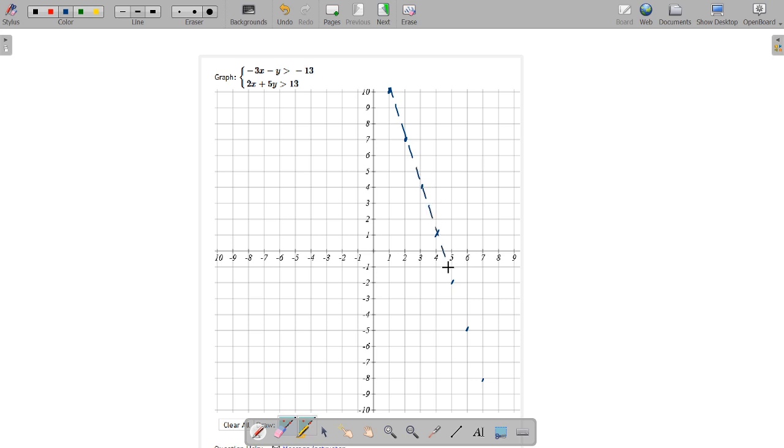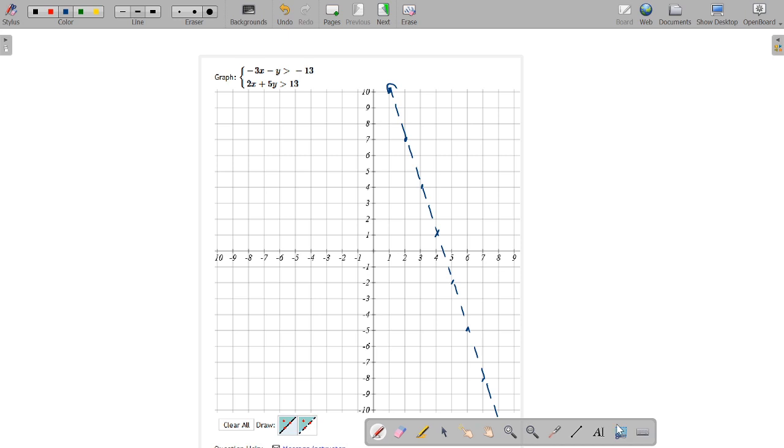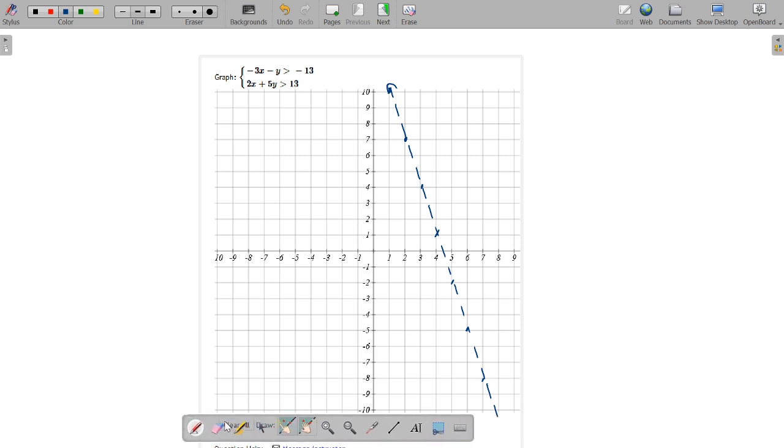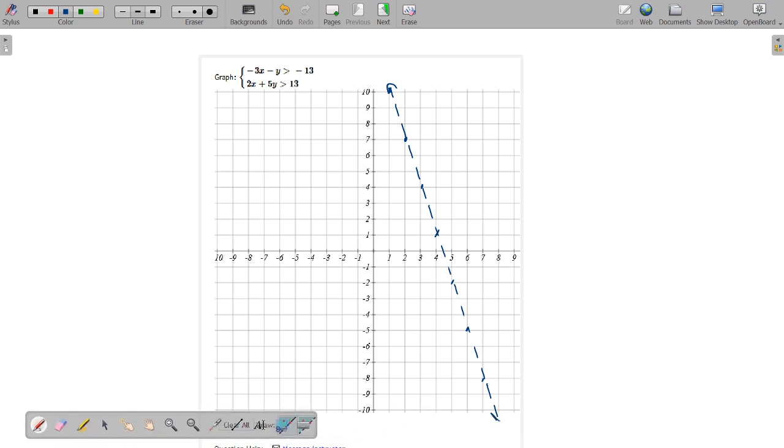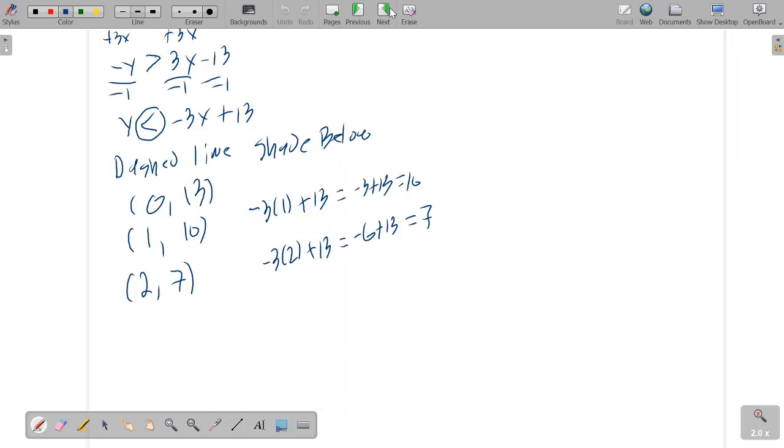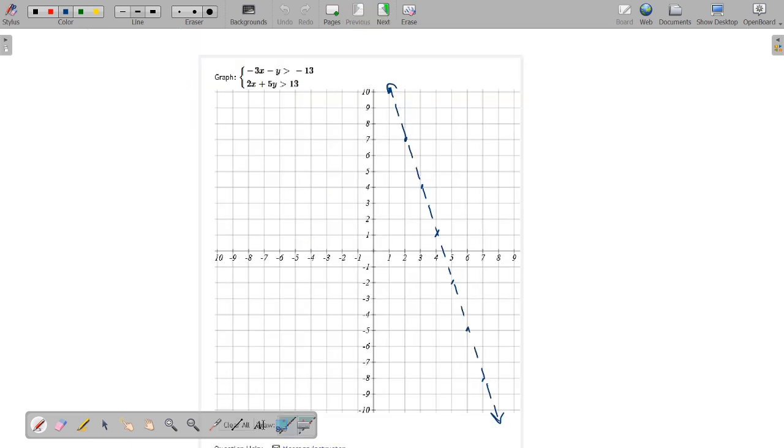So now I will draw a dashed line, and yes, I have a ruler up against the tablet. Then put the arrows. And we are again shading below. So we want to shade this way.